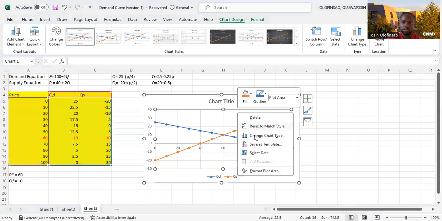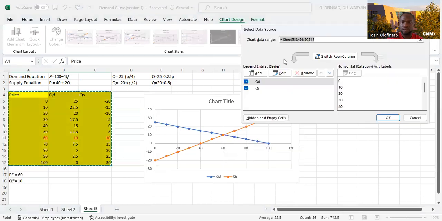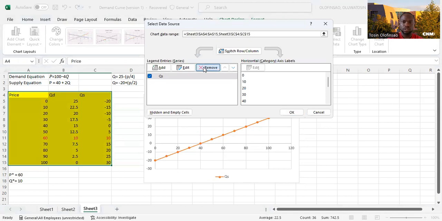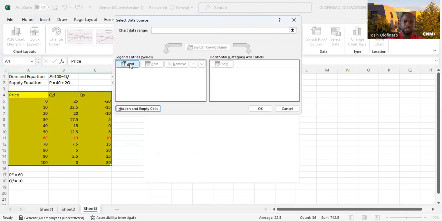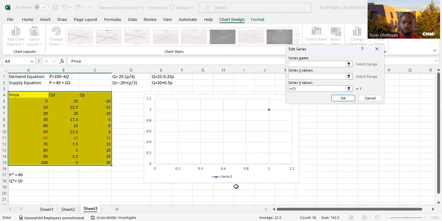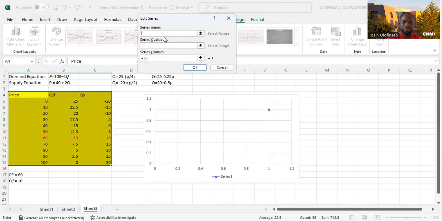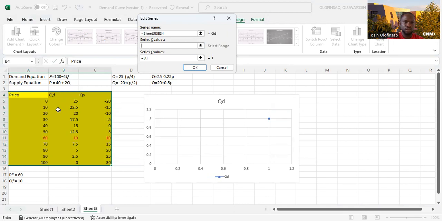What are you going to do? Right click, select data. And the best way you can do this is to just remove the entries in it, and try to start your own entry, right? So we have removed that. I hope, definitely I'm sharing my screen. So the first series you want to do is the quantity demanded, and the x-axis is this.